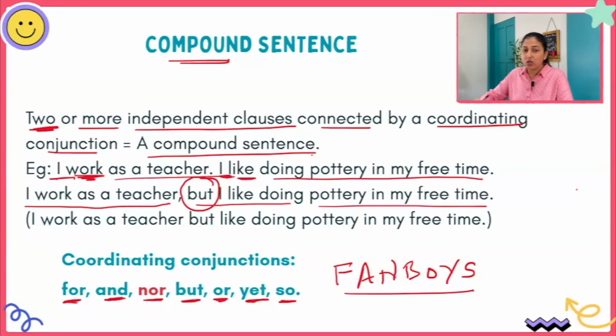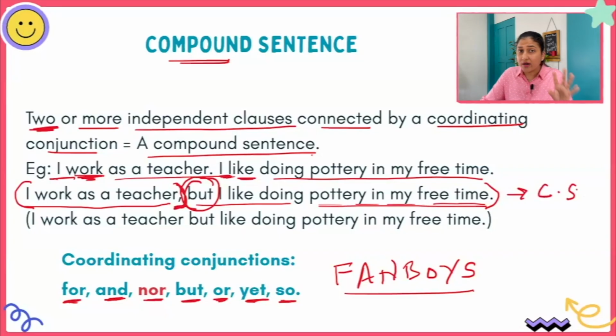Now, apart from this, there is something more that we need to understand about a compound sentence. Look at this. Over here, we have used a comma, right? There's one clause, I work as a teacher. This is one clause. There's another clause, but I like doing pottery in my free time, right? So there are two clauses in one compound sentence.